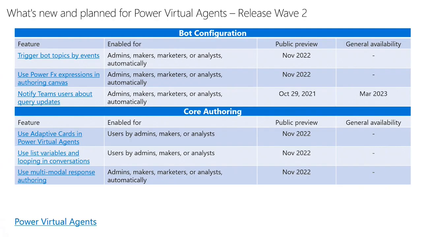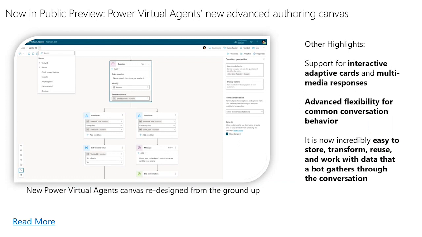All right, a little bit on Power Virtual Agents. Again, a list of the Release Wave 2 features. Also announcing that in public preview now, the Power Virtual Agents has a new advanced authoring canvas, and it unifies the sophistication of Microsoft Azure Bot Framework Composer's Pro Code capabilities with the simplicity of the Power Virtual Agents low code platform.